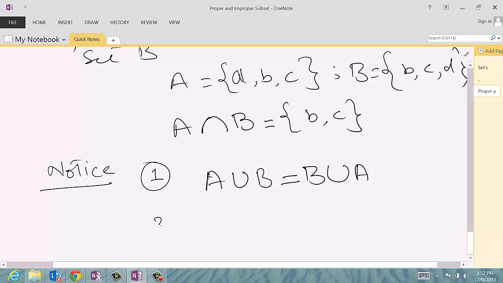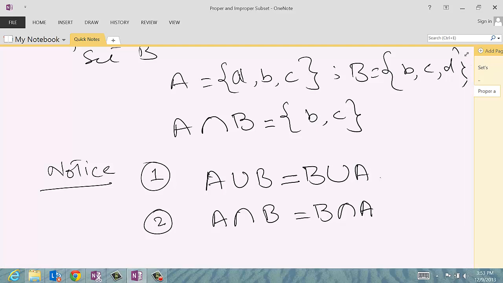And also, for intersection, same thing: A intersection B is the same as B intersection A. Technically, this kind of relation is called a property, and we are going to study this property again when we talk about real numbers and in many other cases.